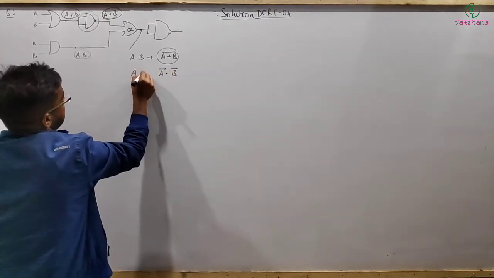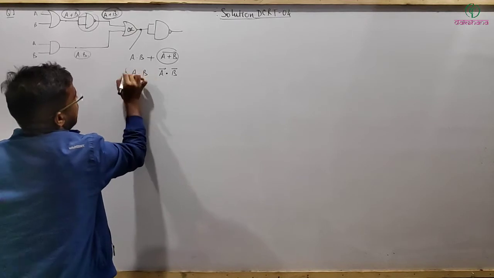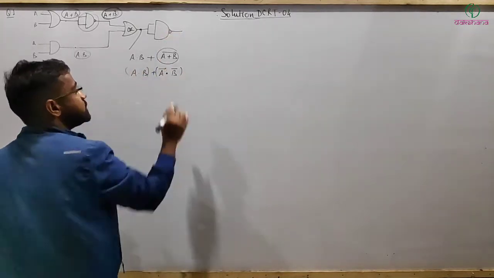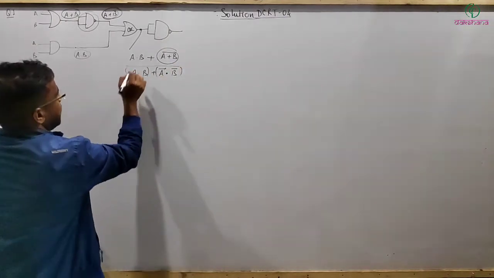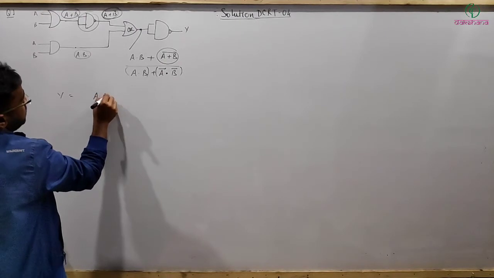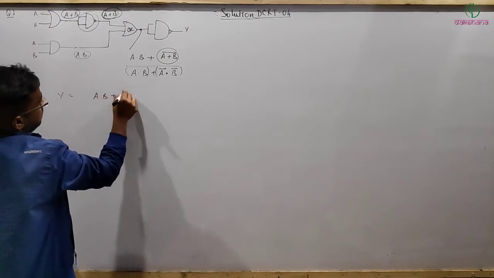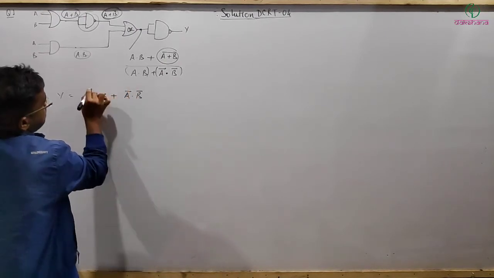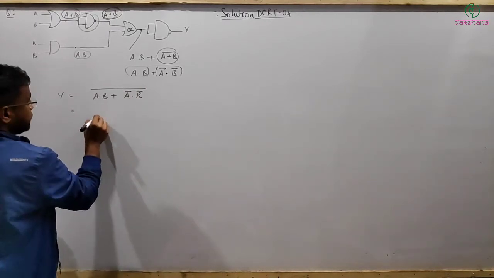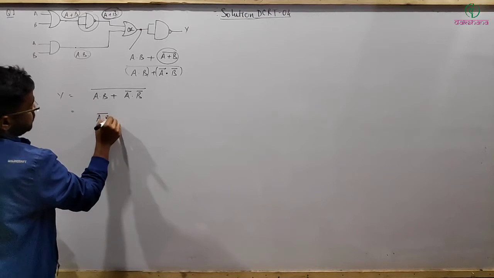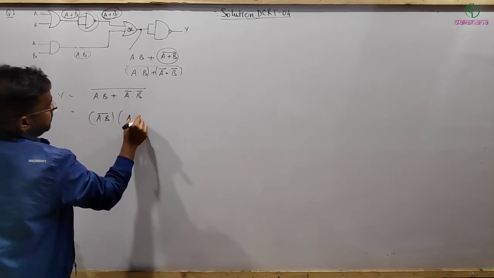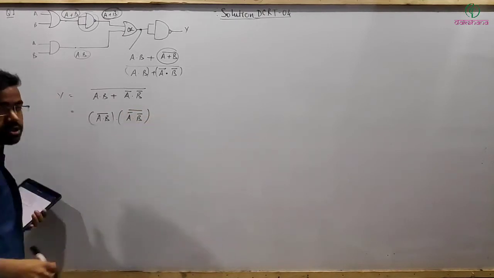Now again this is a NOT gate, so the final output Y will be equal to A dot B plus A bar dot B bar, this whole NOT, and this can be written as A dot B NOT dot A bar dot B bar NOT.